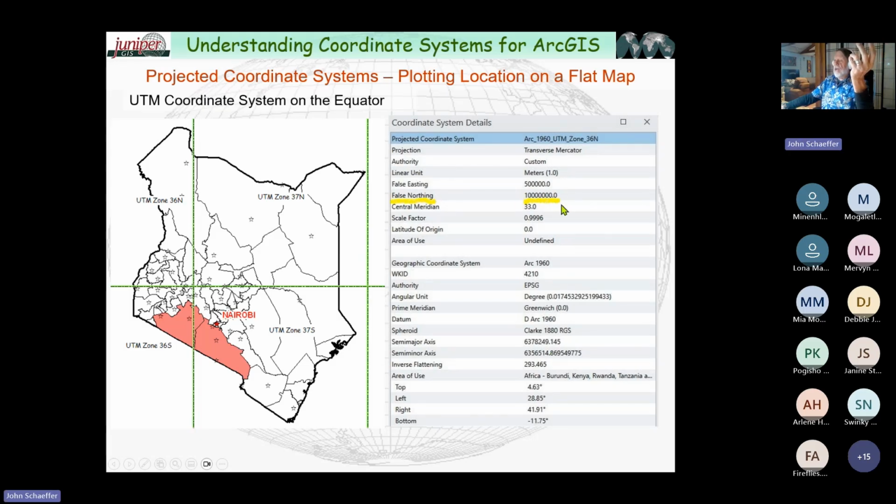But what I want to point out is that when you're working at the equator, sometimes you need to make a few changes, because if you're in UTM, normally this is 0, this is your equator, and values increase going up, values decrease into negative values going south. But by changing your false northing and your false easting, you just make sure every coordinate pair has positive values.